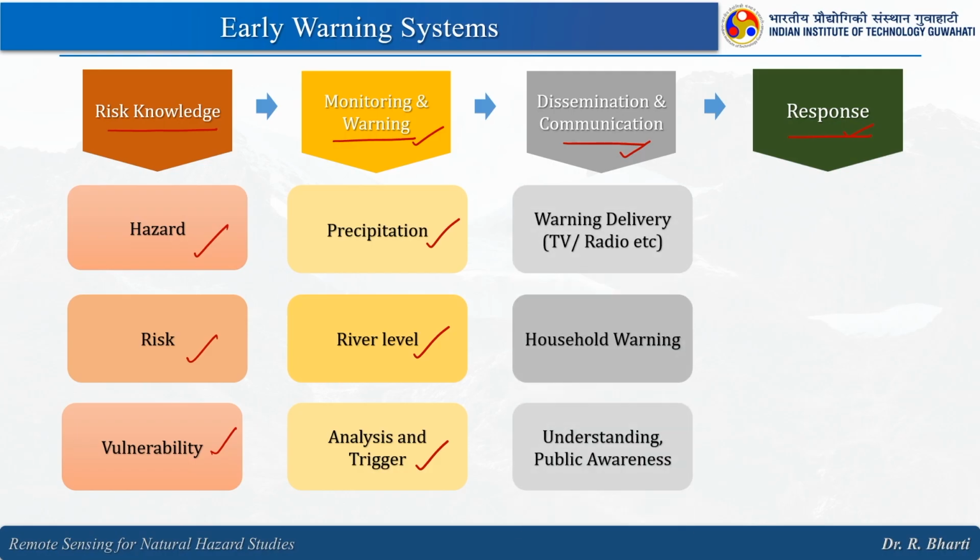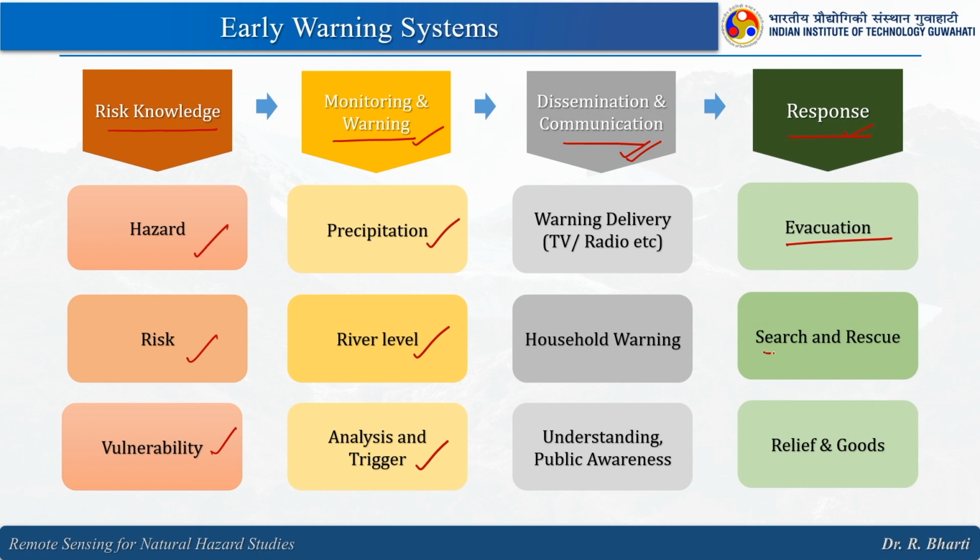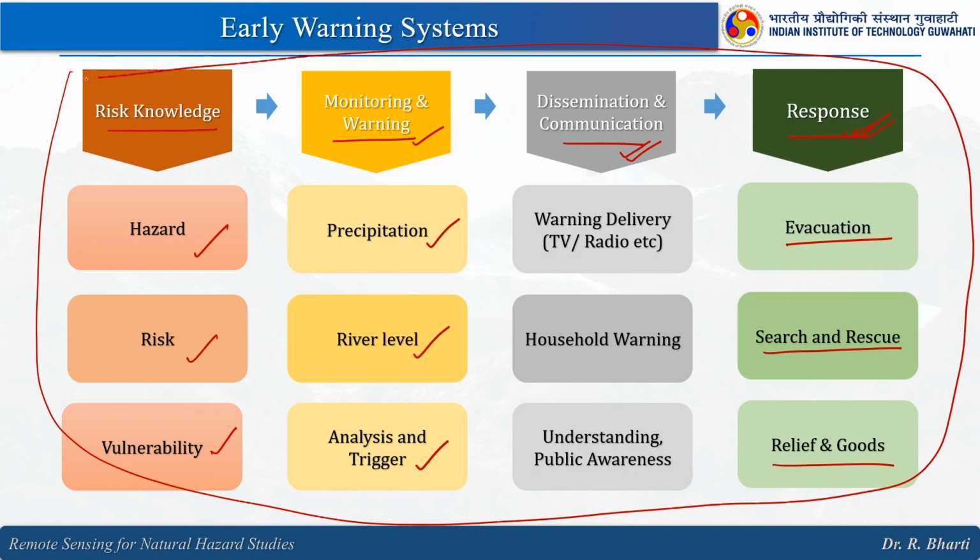Then dissemination of the information is through mobiles, television, news channels, or newspapers. We try to inform the people who are likely to suffer from this. Then comes the response: evacuation, search and rescue, relief and goods supply are also part of this response. This complete chain is known as the early warning system. If any one of them fails, then it will not qualify as an early warning system, right.